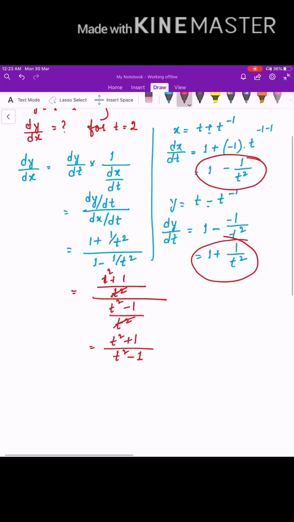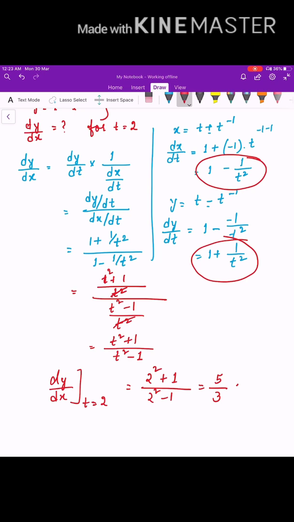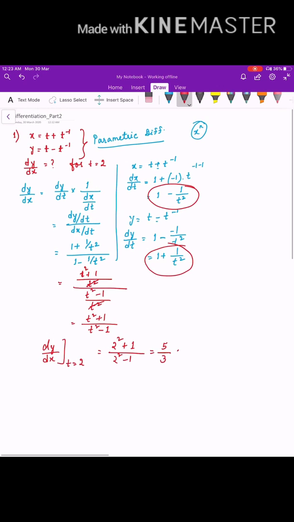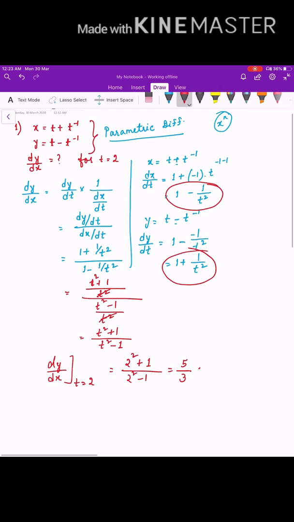In that case, dy by dx when t is equal to 2, just substitute the value of t as 2 and I get the answer as 5 by 3. So here we have solved the first question of the homework.